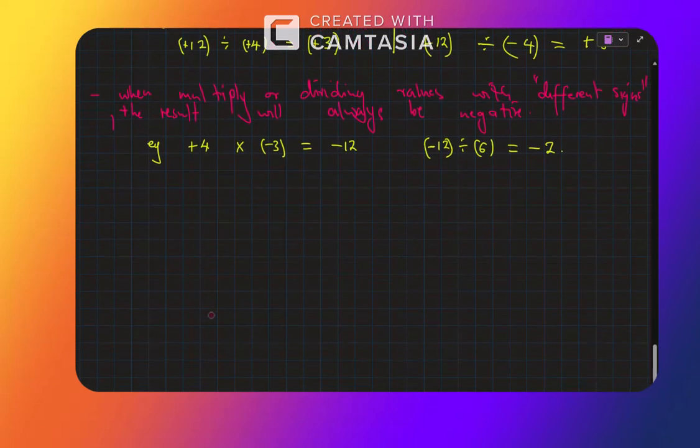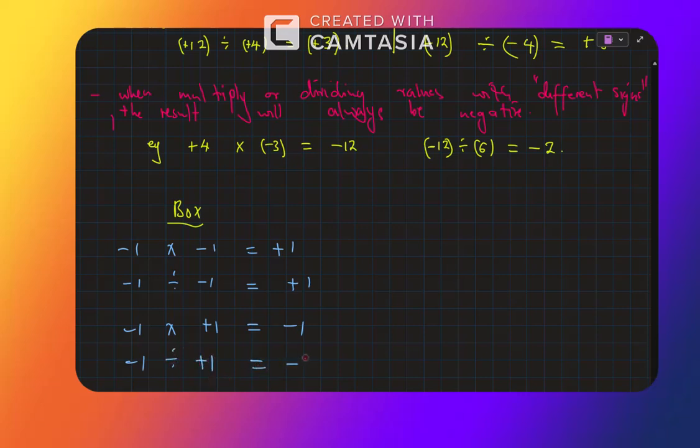For this multiplication and division box: negative 1 times negative 1 equals positive 1. Negative 1 divided by negative 1 equals positive 1. Negative 1 times positive 1 equals negative 1. And negative 1 divided by positive 1 is negative 1.